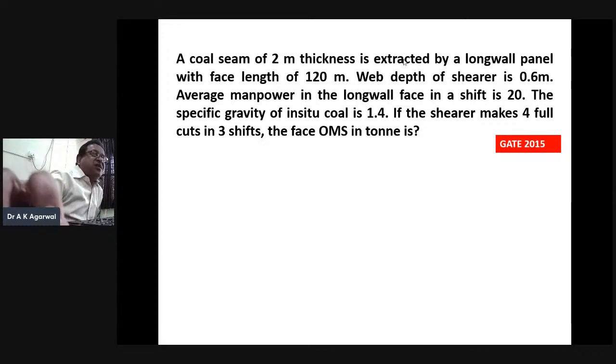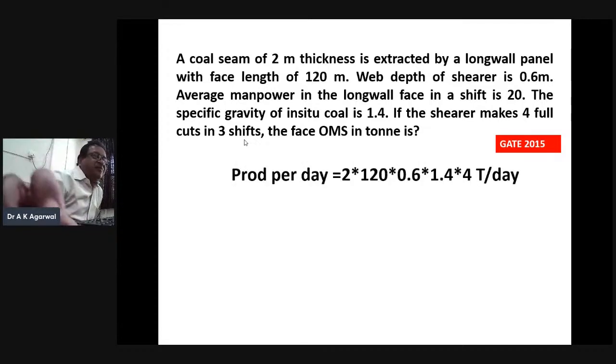So manpower is 20 per shift. Face length 120, thickness is 2 meter, web thickness is 0.6 meter, density is 1.4. If shearer makes 4 full cuts in 3 shifts, first let us count the total production of the shearer, just production per day.